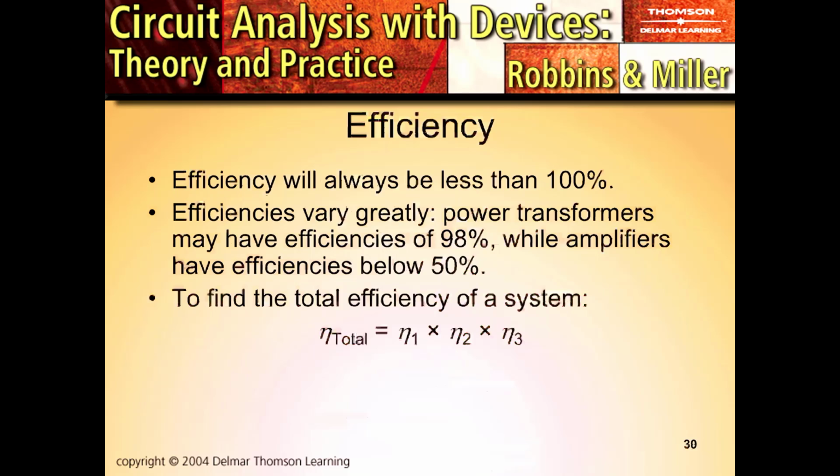Okay, so no doubt efficiency is always less than 100%. The closest thing we find in the electrical discipline anyways is a power transformer. So power transformers are able to be built to a 98% efficiency. Things like amplifiers, especially audio amplifiers, have a very poor efficiency, and they're well below 50%.